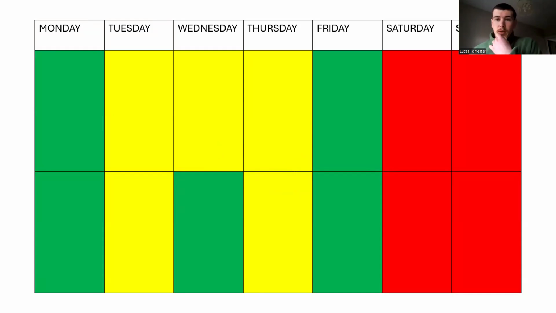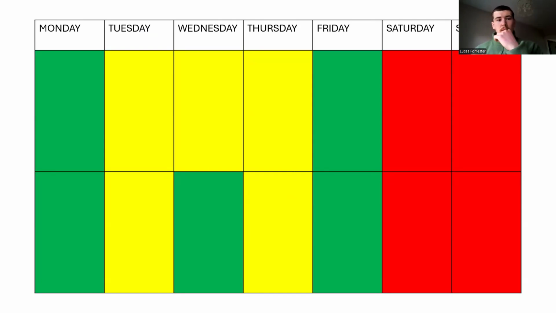Some people play Saturday and Sunday, morning and afternoon, and those days are typically going to be your red days. They are the competition days, the days that you are competing in either leagues or cups and so on. I should say as well that the top bit here is morning and the bottom one is afternoon, evening.